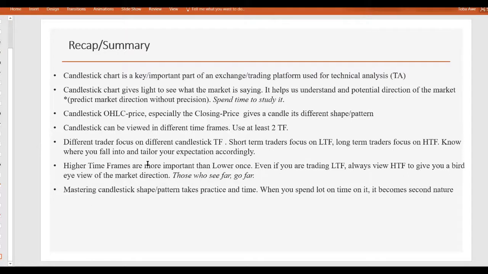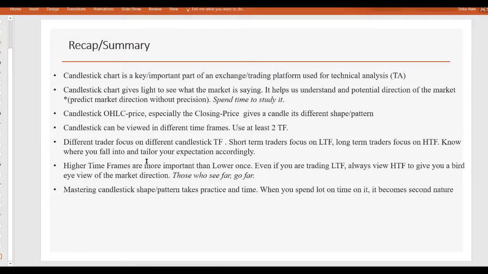Compared to someone analyzing the market on a daily candlestick chart, whose projection is going to manifest in a day, or 2 days, or 3 days, or even maybe 5 days. So the time frame you're using to analyze the market, you need to tailor your expectations accordingly.